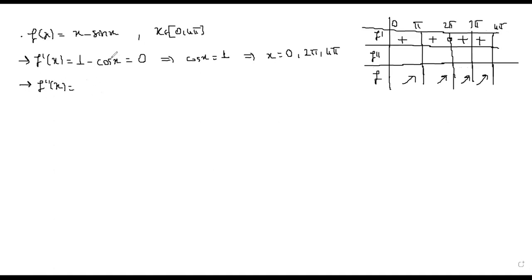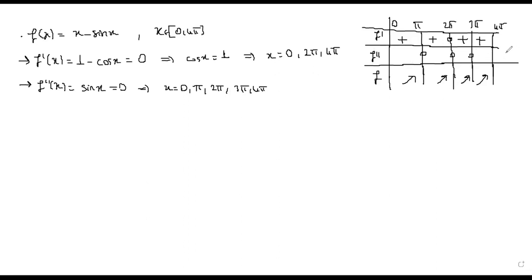Okay, now f double prime of x. So what do we have? We take the derivative of this function. We have sine x and equalize it to 0. So what are the x's here? It's 0, pi, 2 pi, 3 pi, and 4 pi, right? Okay, so all of them are the roots of this function.